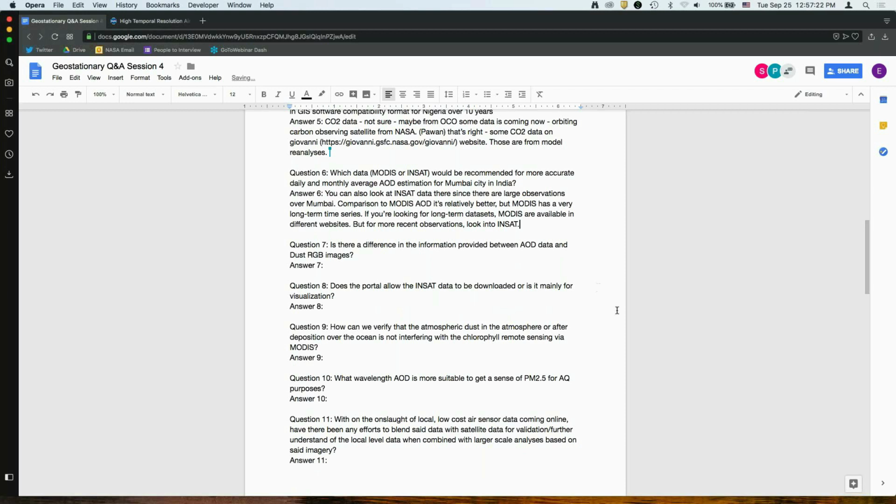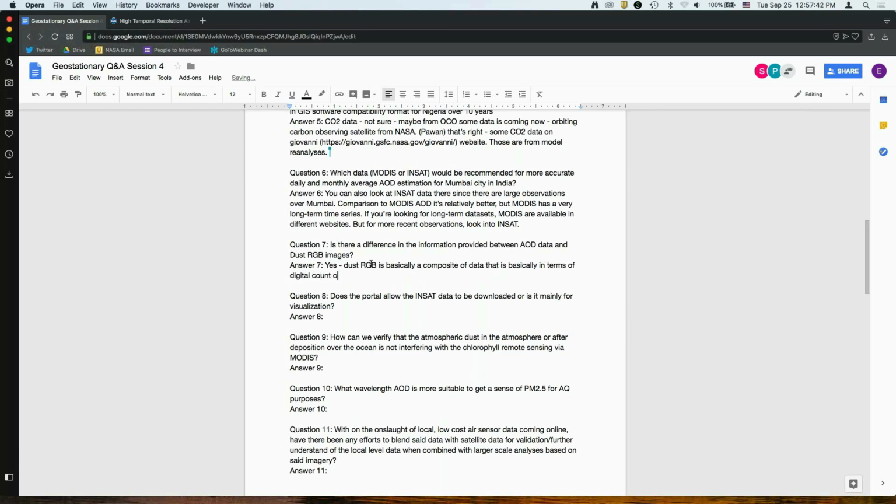Okay, so we move on to the seventh question. Is there a difference in the information provided between AOD data and dust RGB images? The dust RGB images are basically a composite of the data, which is either in terms of digital count or in terms of radiances. There is no retrieval process or processing applied to convert this information into aerosol optical depth.